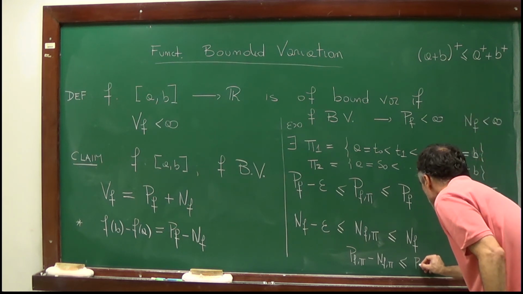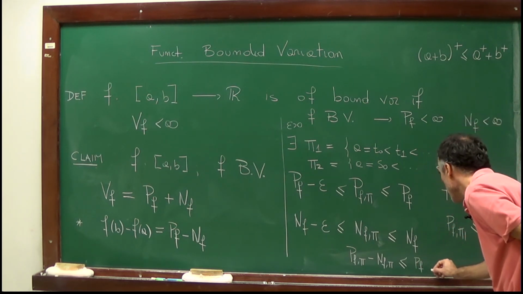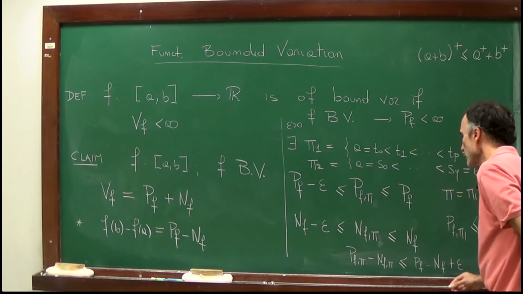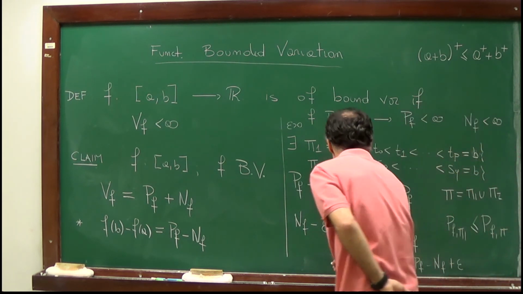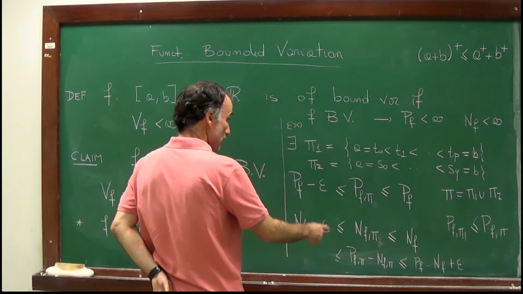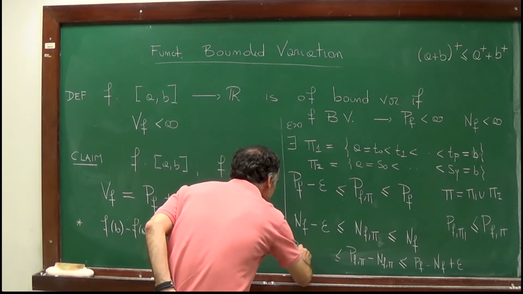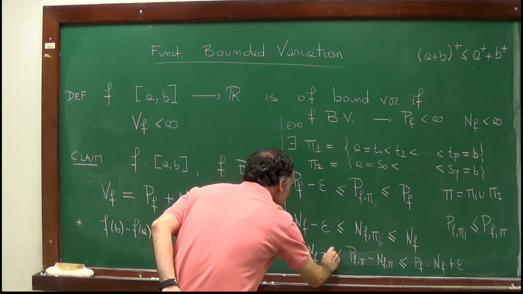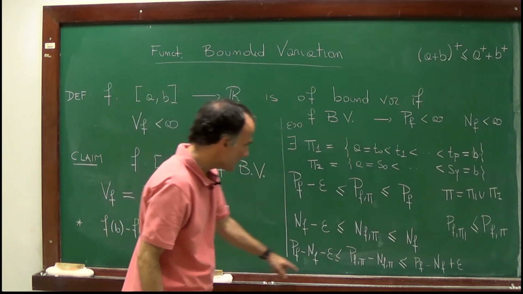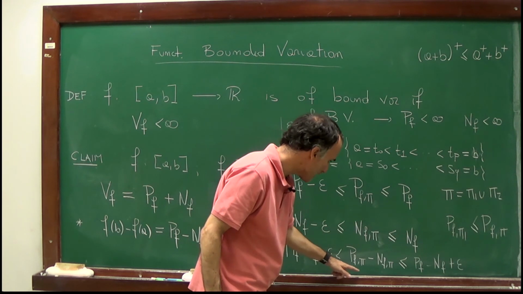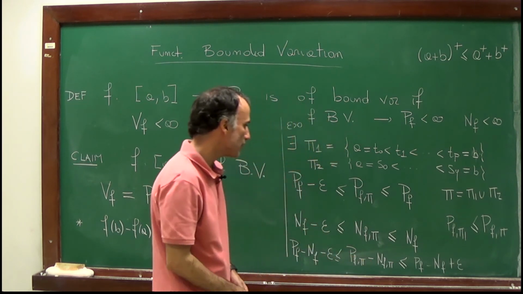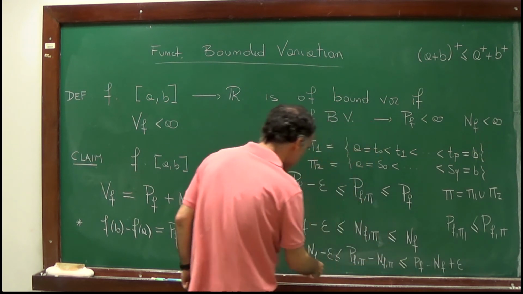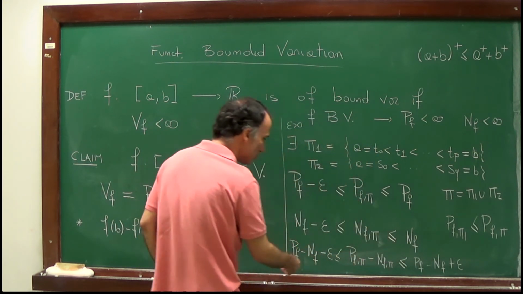So this is bounded above by Pf minus Nf plus epsilon, and it's bounded below by Pf minus Nf minus epsilon. Right? And this, by the previous blackboard, is exactly equal to f(b) minus f(a). So we have that f(b) minus f(a) is bounded above by this expression and bounded below by that one.